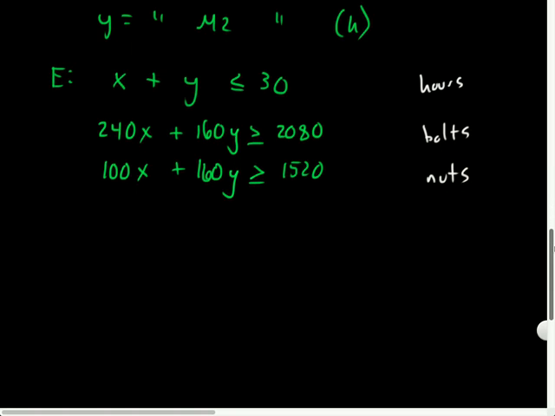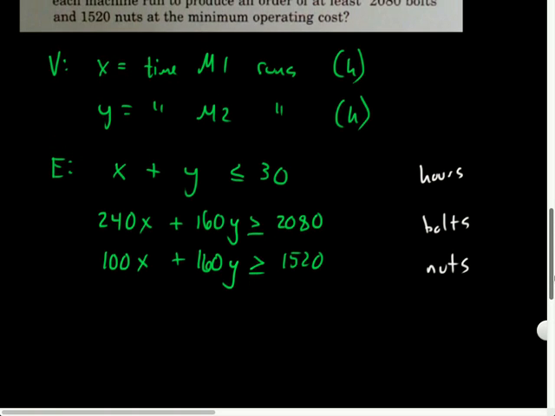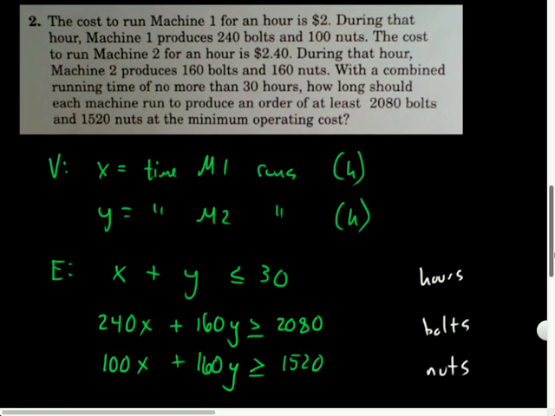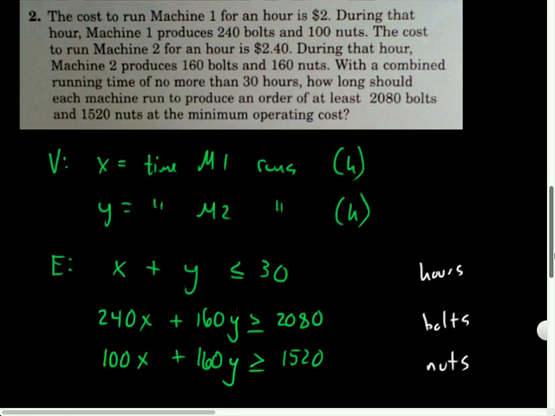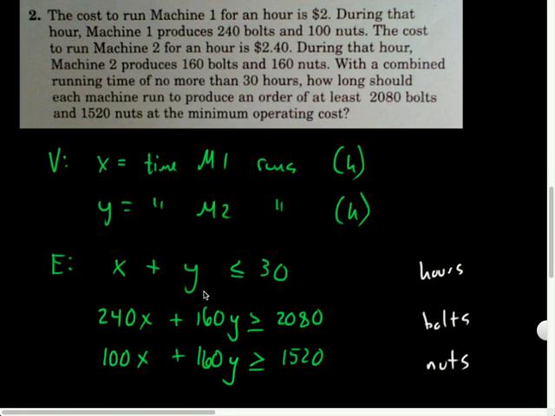What else do I know about these nuts and bolts? I'm assuming I can't have a negative amount of them. I think these two equations will already take that into consideration.